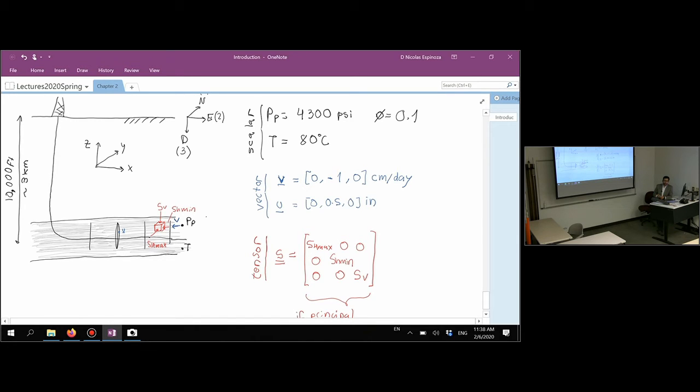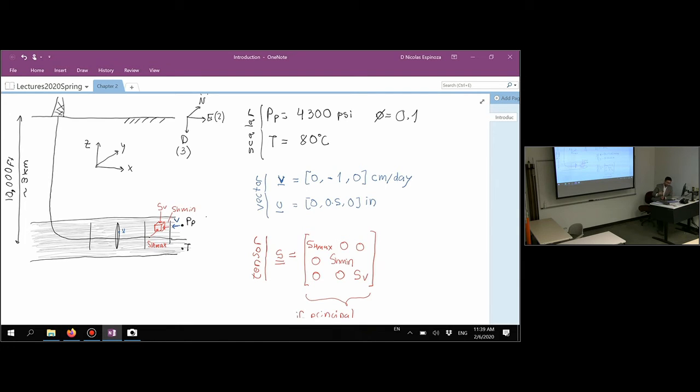It's a right-handed coordinate system, X, Y, Z, and it could be used, right?